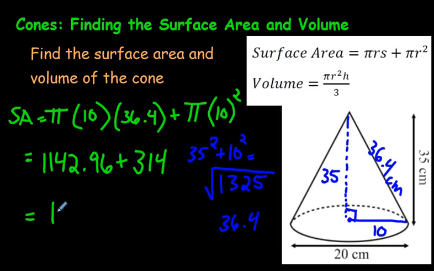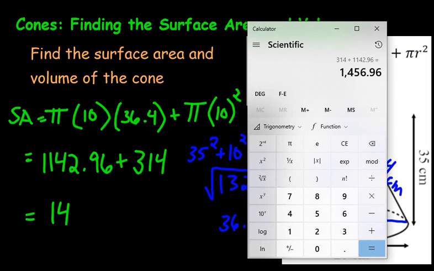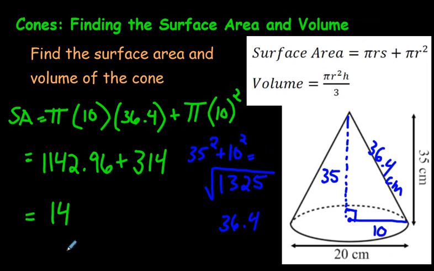And here is our surface area: 1,456.96. We could round it off to whatever we like. If we were rounding off to one decimal, this would actually end up being 1,457.0. But I'm just going to leave it like this for now. Centimeters, and we know we have to put a 2 here, which means we're talking about area.